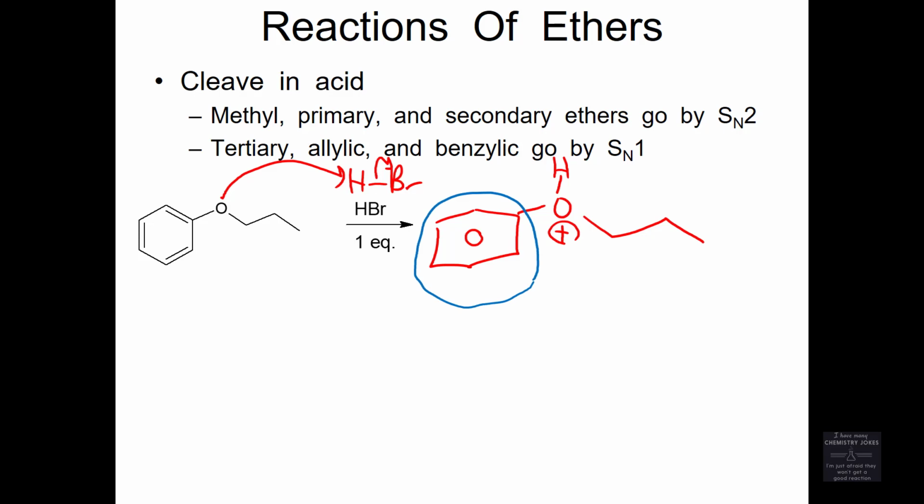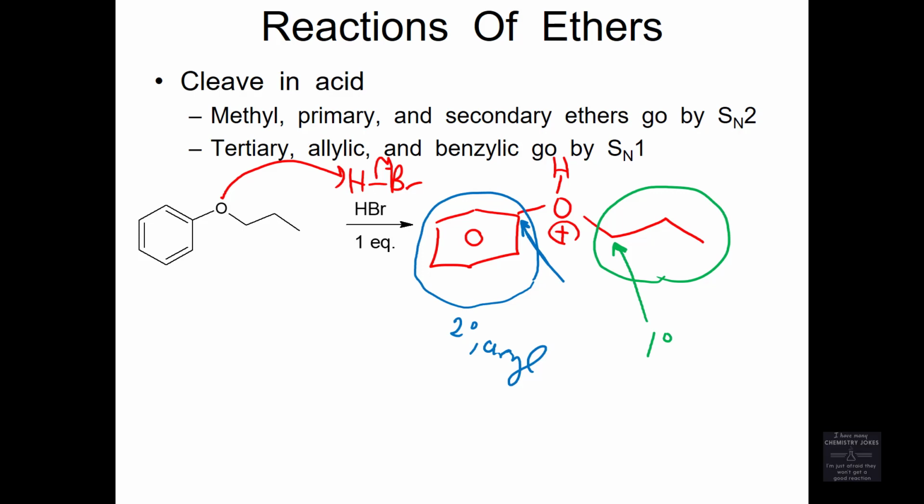That side of the ether, that carbon that's connected to my ether, is a secondary carbon, but it's an aryl carbon. Okay? This other side, over here, that carbon is a primary carbon. It's not allylic, benzylic, aryl, vinyl, nothing special. So, according to my list, it says secondary goes by SN2, but aryl is not on this list.